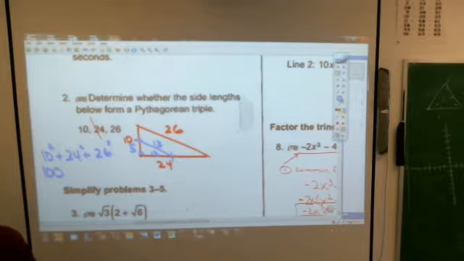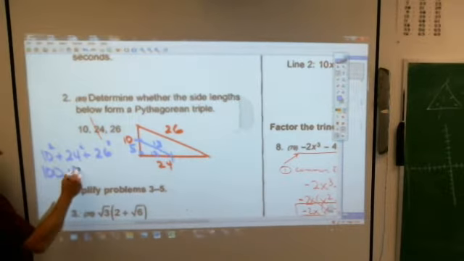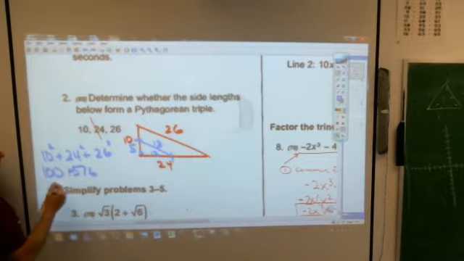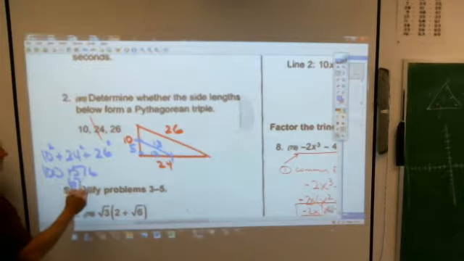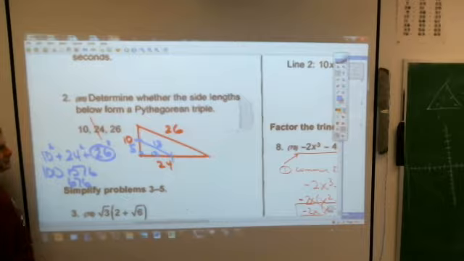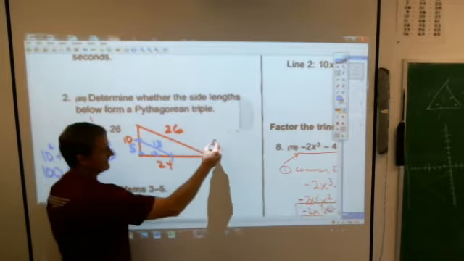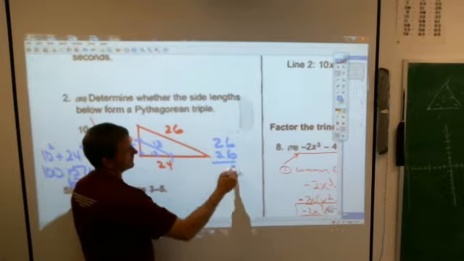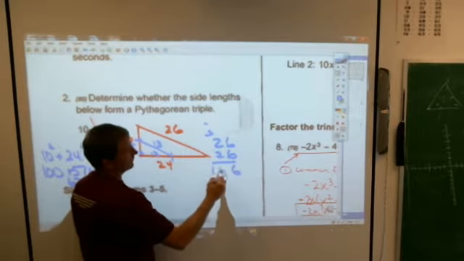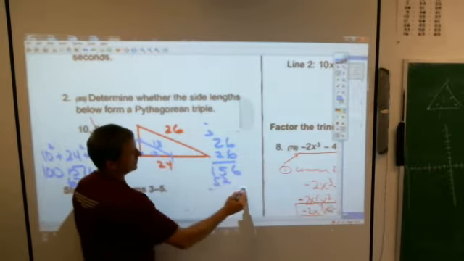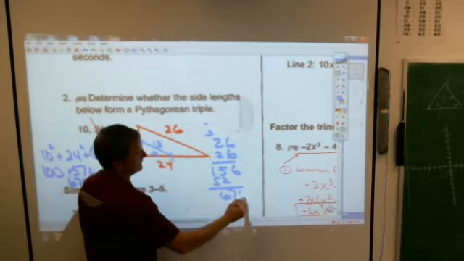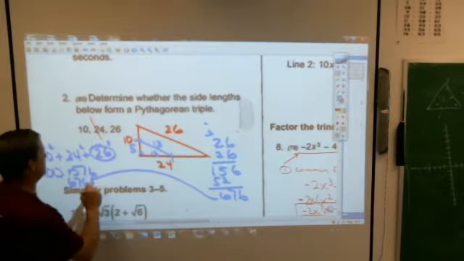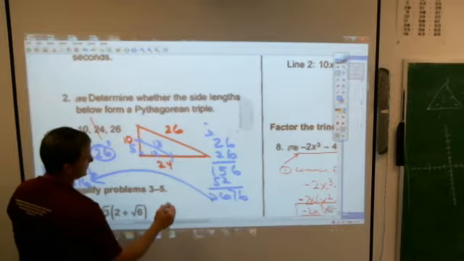Keith, can you do 24 by 24? 576. So if 676 equals what 26 times 26 is, then you know it's a triple. Oh, look at that. 676. If they equal each other, then it is a triple.